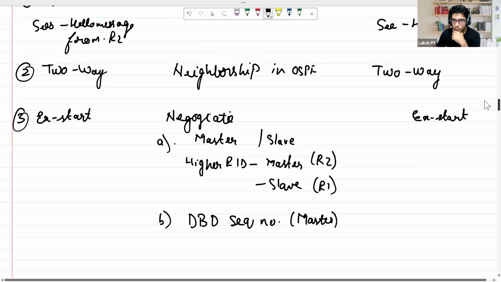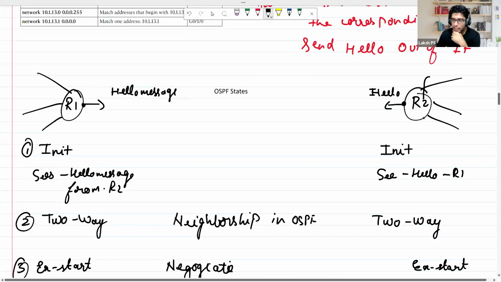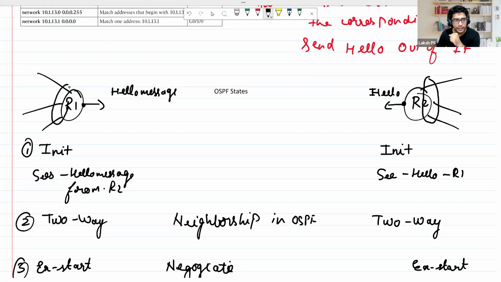So R2's connected links is its database. R1's connected links is its database. So R1 and R2 are going to share the database information with each other. But before sharing the whole database, they share just a small description of the database. That is what you call a database descriptor.